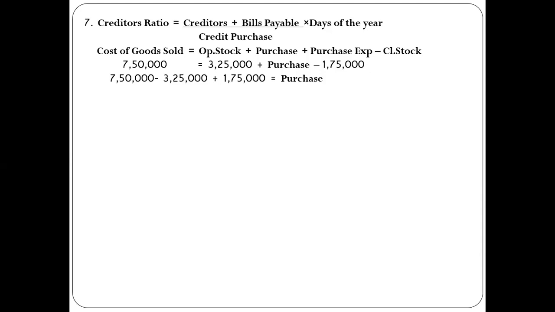So we do 7,50,000 minus, because 3,25,000 is plus, so it will become minus, and 1,75,000 is minus, so it will become plus when it is transferred to the other side. So we get the amount of purchase is 6 lakh rupees.